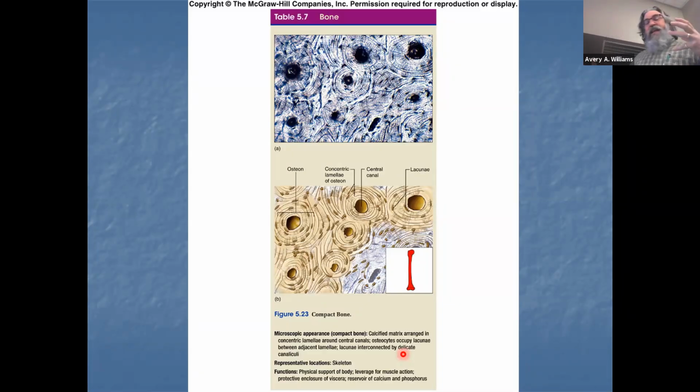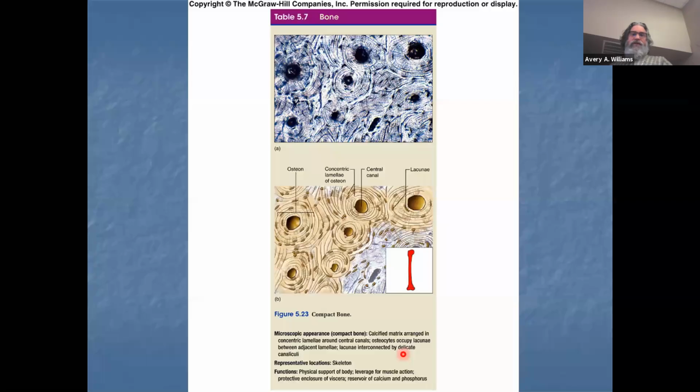It contributes to the organs, the bones. Most of an organ like your femur is osseous connective tissue, but technically there are other tissues in there besides this stuff.